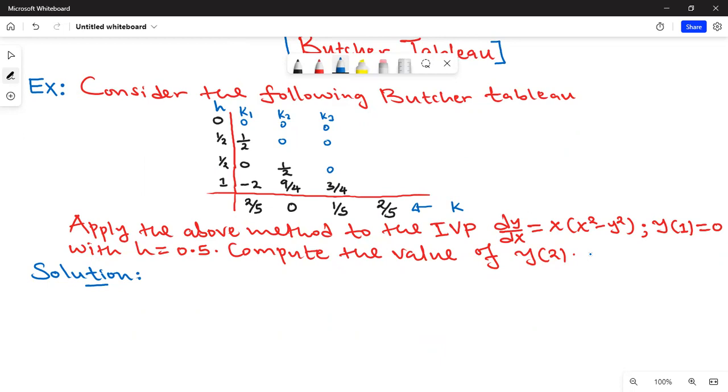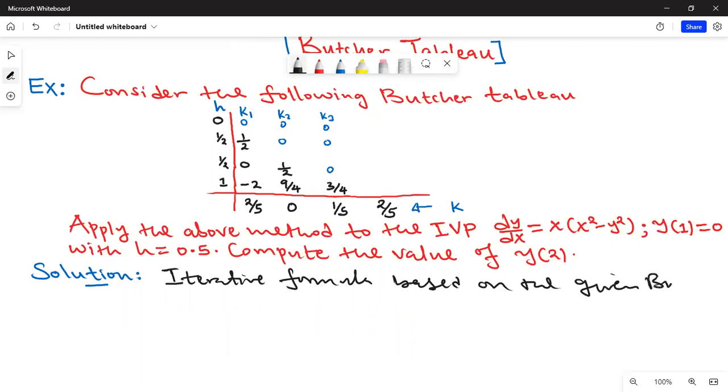So it means that the iterative formula, based on the given table, that table is the Butcher table. So we start with k1.